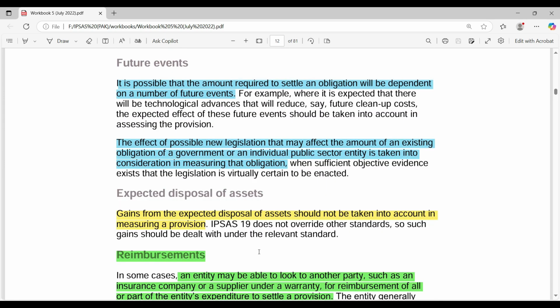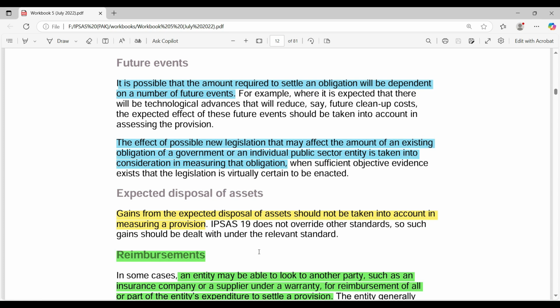As we see in the definitions of provisions, the concept of future events, the occurrence or non-occurrence of future events. Now IPSAS says that it is possible that the amount required to settle an obligation will be dependent on the number of future events.